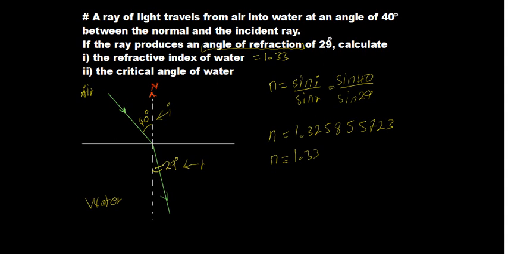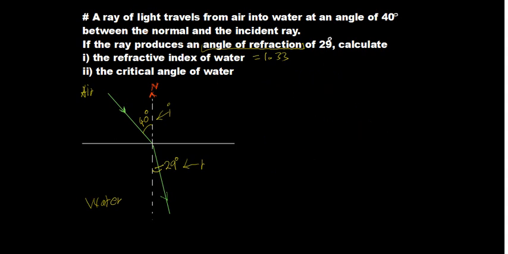Okay, so going to the next part, we need to find the critical angle of water. Before you even answer, it's very important that you understand what it means to have a critical angle. The critical angle is basically the incident angle when R is equal to 90 degrees.